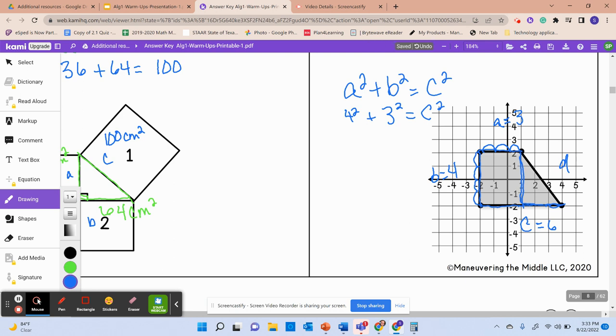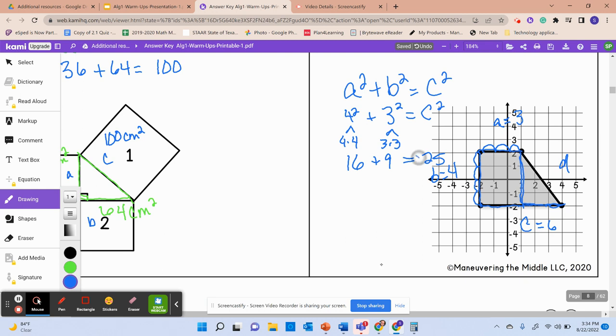So 4 squared means really 4 times 4, not 4 times 2, but 4 times 4, which is 16. And 3 squared is 3 times 3. So 16 plus 9 is 25. Well, now we have to figure out the square root of 25.